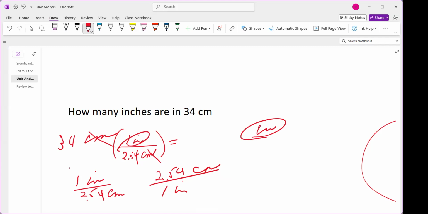Now, okay, so this is the answer my calculator gives me.